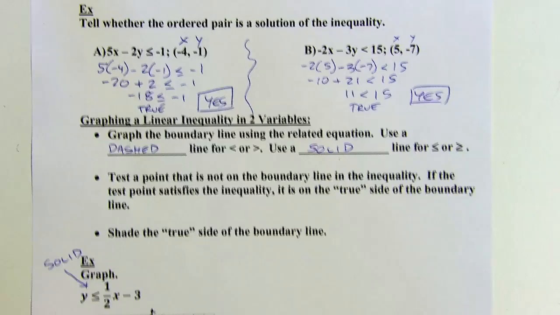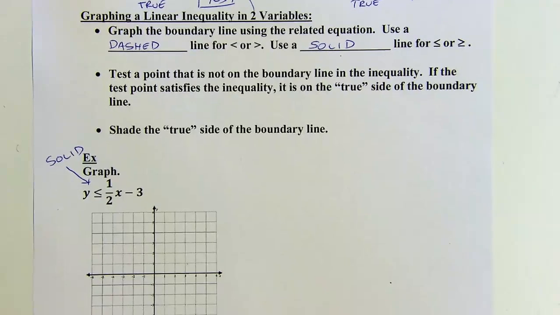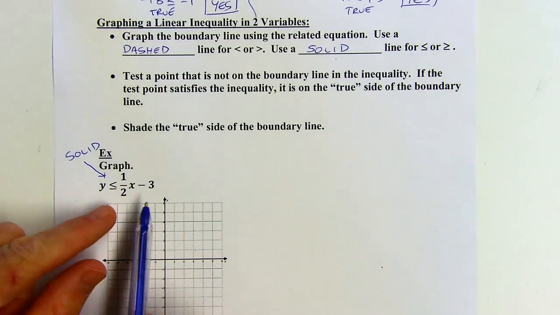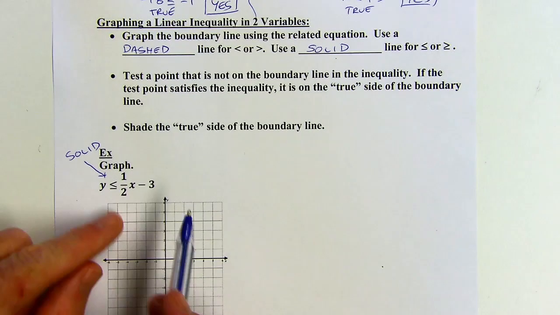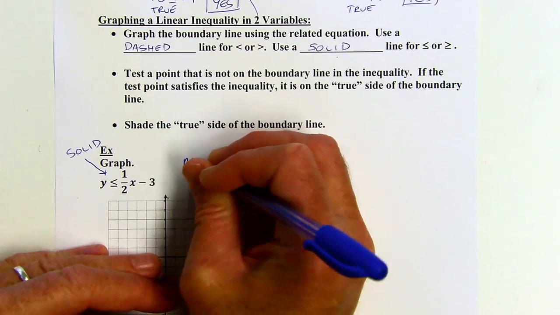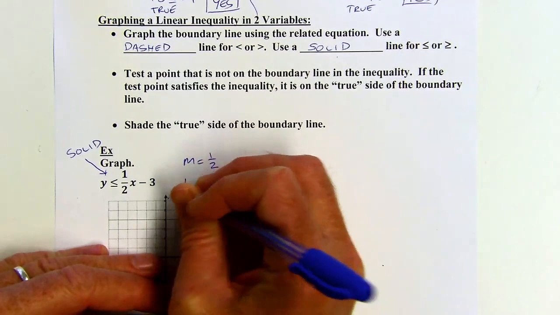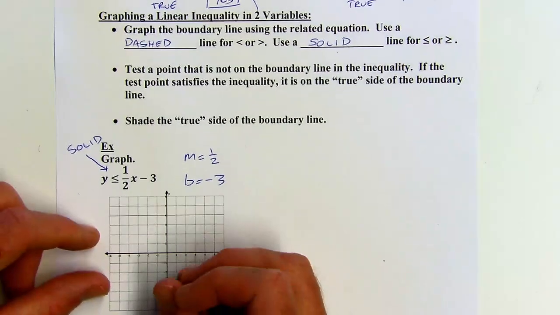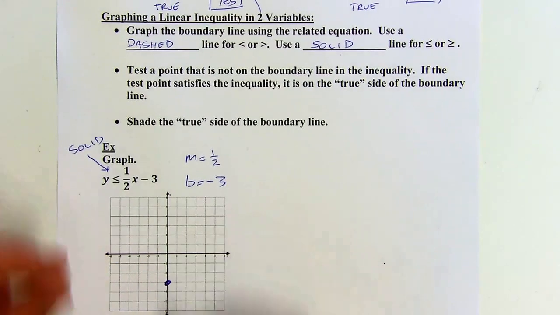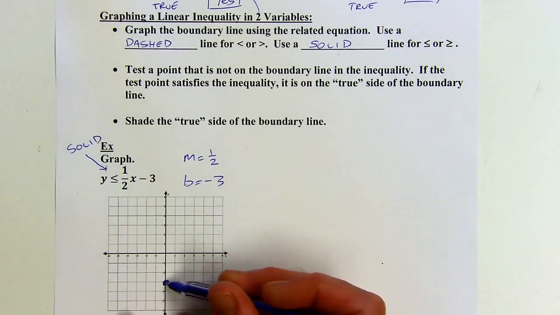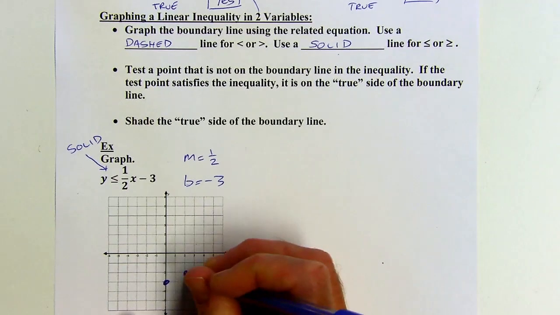Okay, so let's get to the graphing part. So if I'm thinking about this as an equation, this is in y equals mx plus b form. So that's handy for graphing because I can see that the slope is 1/2 and the y-intercept is -3. So I'll start with the y-intercept at -3. That's where my boundary line is going to cross the y-axis. And then from that point, I'm going up 1 to the right 2 to get to another point.